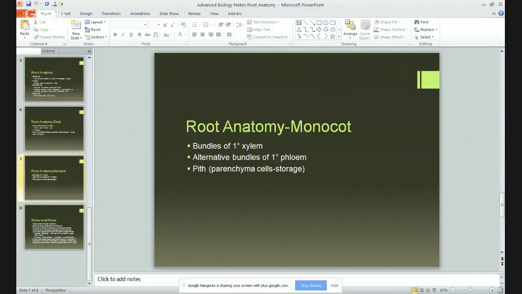So you still have your protoxylem and your metaxylem and your protophloem and your metaphloem. The protoxylem is going to be towards the outside. The metaxylem would then be towards the inside. And then you've got your pith. And that's your bundle, basically, right there. So, like I said, monocots in general seem to be a simpler structure-wise. They also contain a pith.